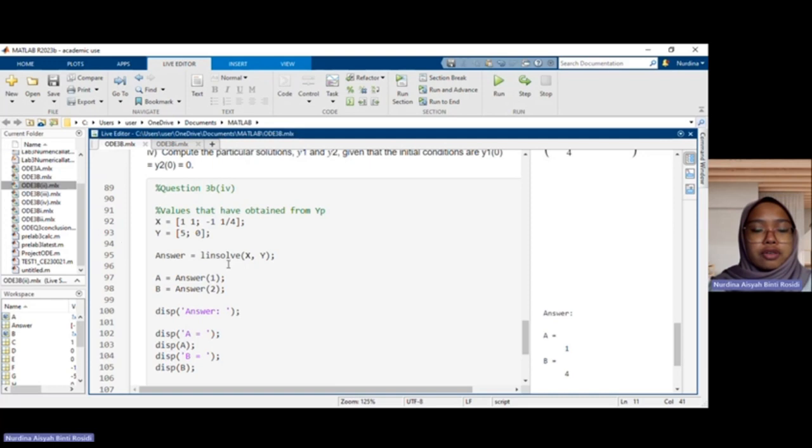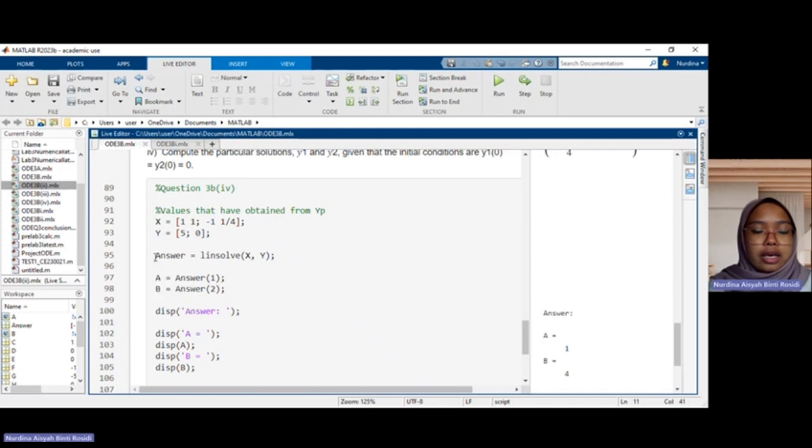This is the info given that I have obtained from yp, and we need this to solve and to find the values of a and b from the equation yc. X and Y in this coding I use as the variables. Then this is the info given.